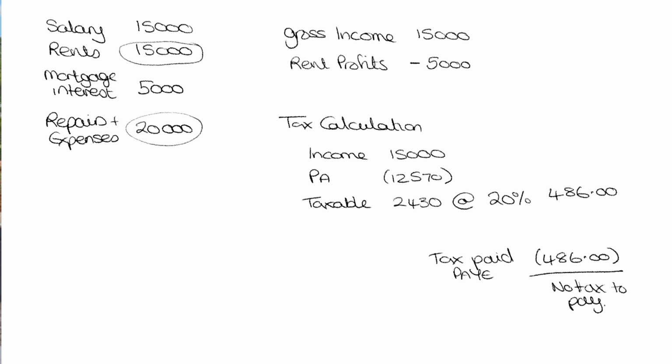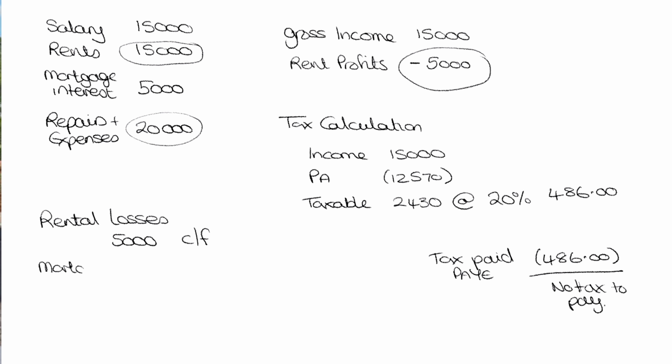and we have got some other things to be aware of. So our other things to be aware of is we have rental losses of $5,000, which we are going to carry forward. That is this figure. We also have mortgage interest that we have not used. So this is our residential finance charges.